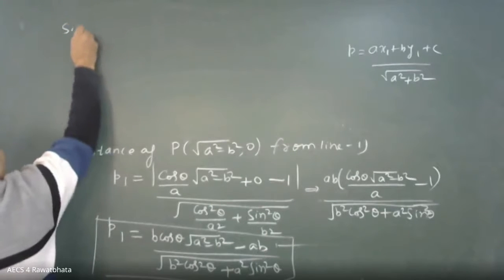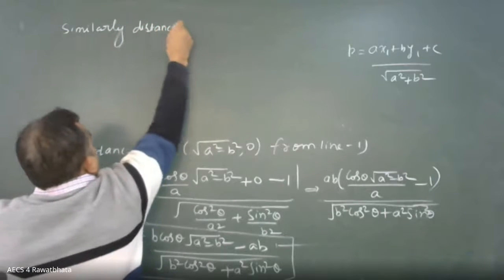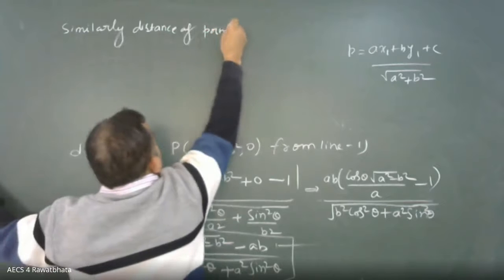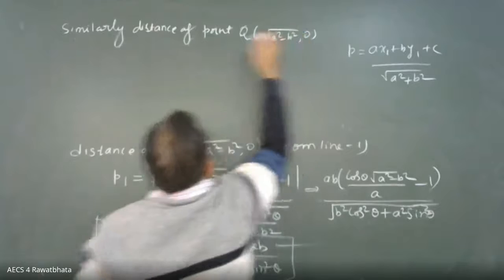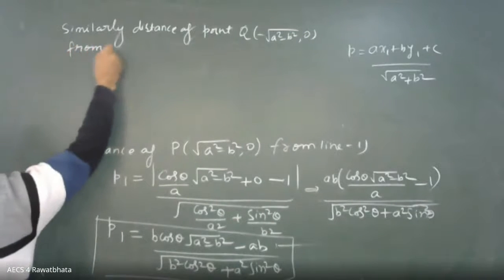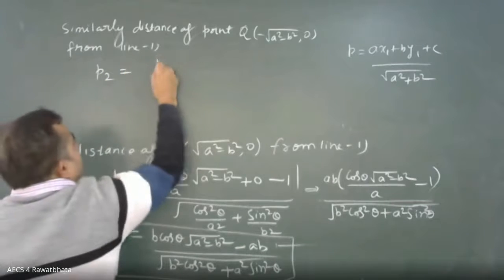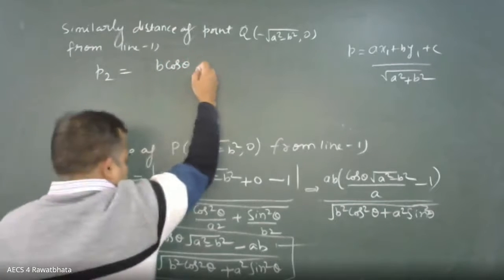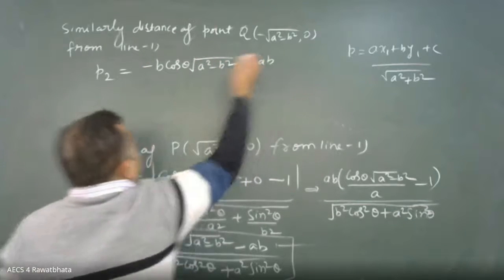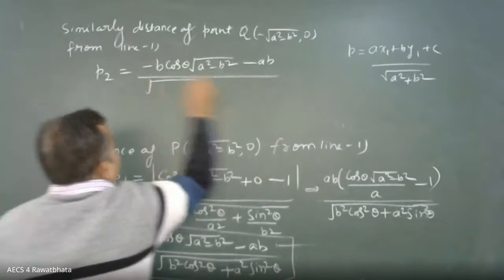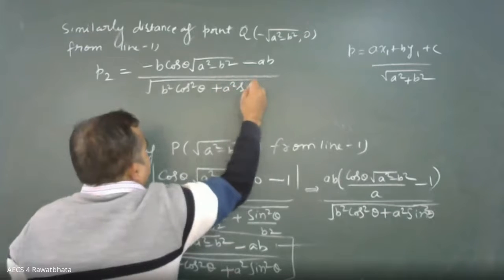Similarly, the distance of point Q, whose coordinates are root of a square minus b square comma 0, from the line. This P2 will be b cos theta into minus, in front I'm taking root of a square minus b square, minus ab, whole upon root of b square cos square theta plus a square sin square theta.